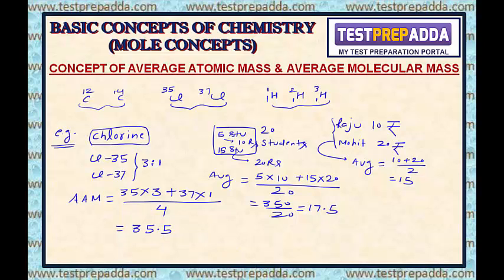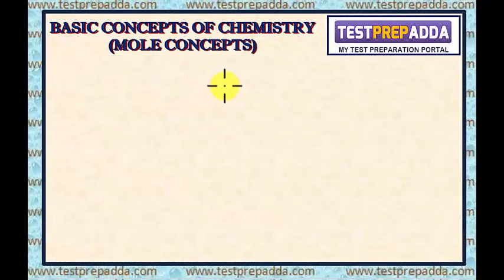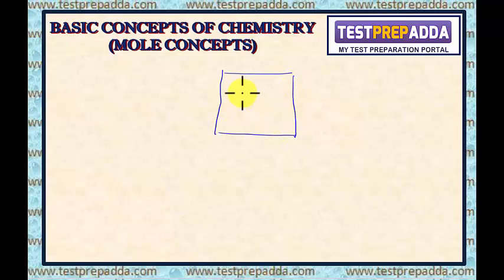With the help of this example, I will try to find a generalized formula for average atomic mass. Consider three elements in a container, let us say three elements A, B, and C, and let us say the number of moles of A as Na, B as Nb, and C as Nc.